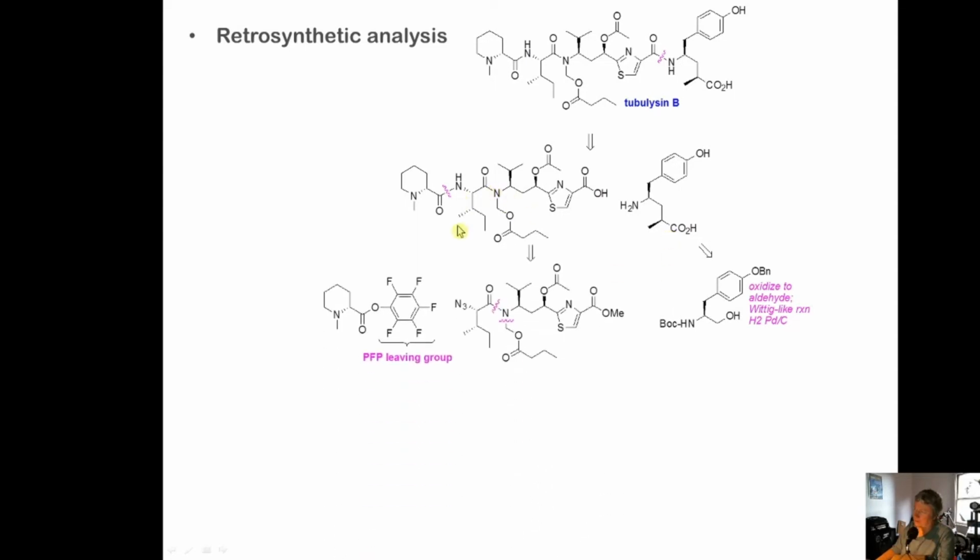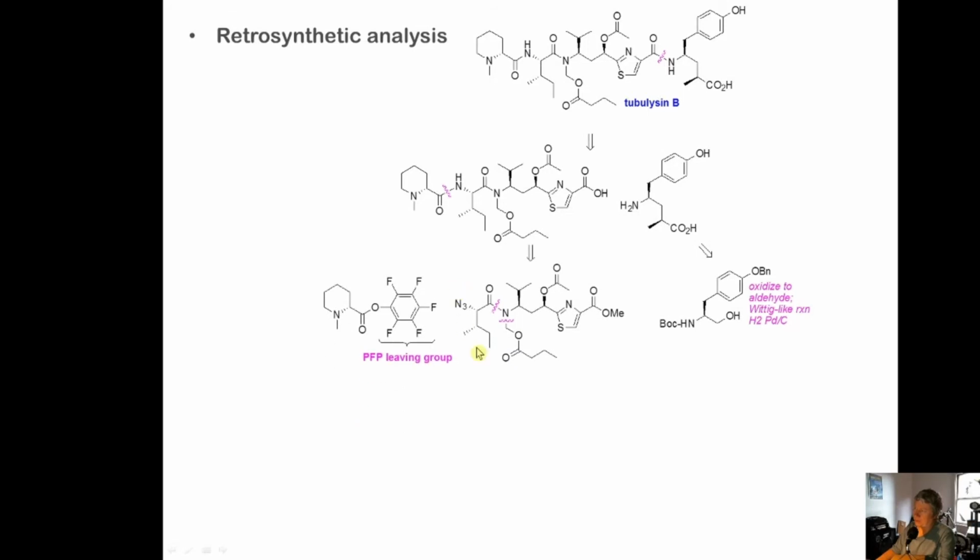Okay, and then this piece. Let's focus on this piece now. Now they're going to disconnect this bond, so they're going to make this from a carboxylic acid type derivative and an amine, and then it's just a simple amide bond formation, right?